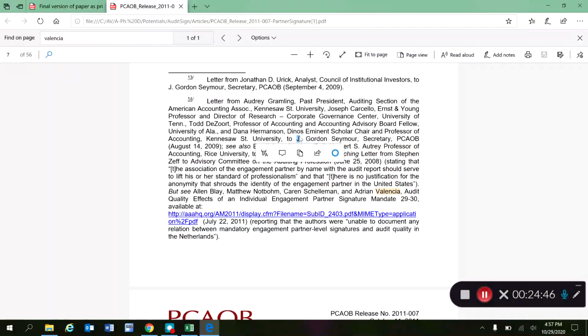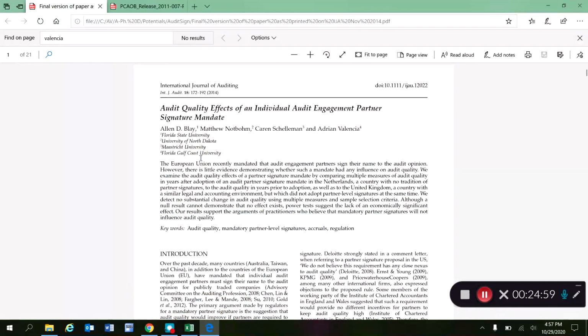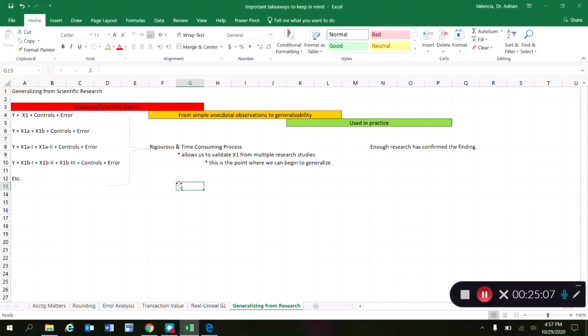At the end, the PCAOB decided against the audit partner signature requirement, and in part it was based on our findings and the findings of many other researchers. But this doesn't happen overnight. This takes a long time, and that's what I want you guys to understand.